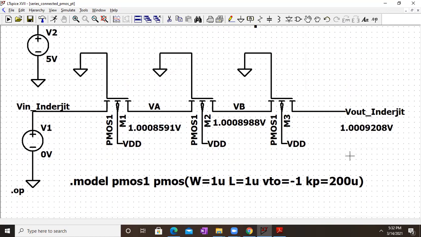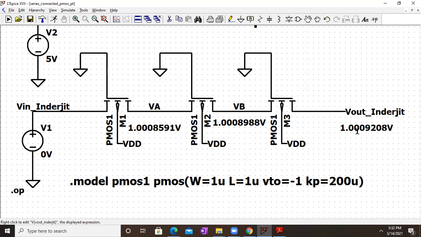That means, if you think carefully, your threshold voltage is -1. So basically, probably, the output voltage is just the mod of VTP, the mod of the threshold voltage at the output, as you can see. Ideally speaking, the VA, VB, and Vout values should be 0.